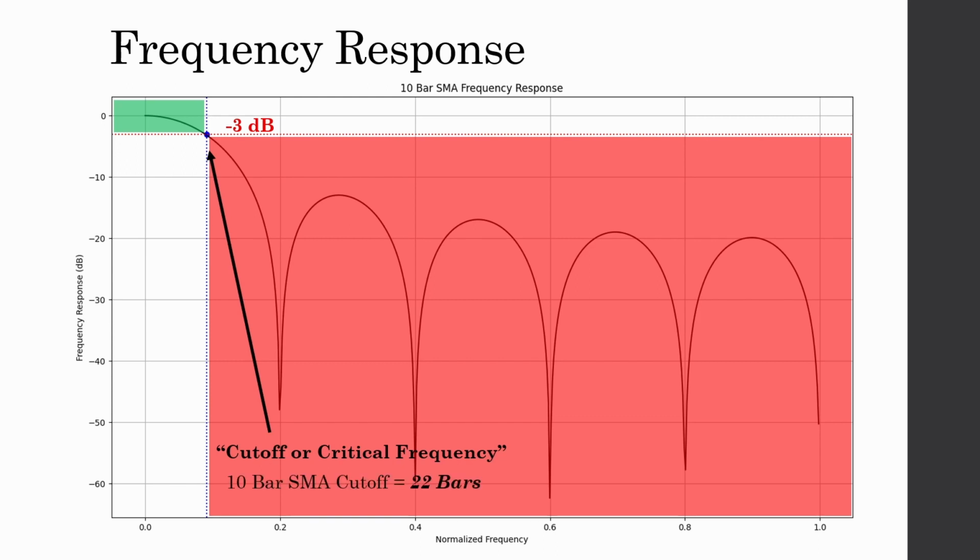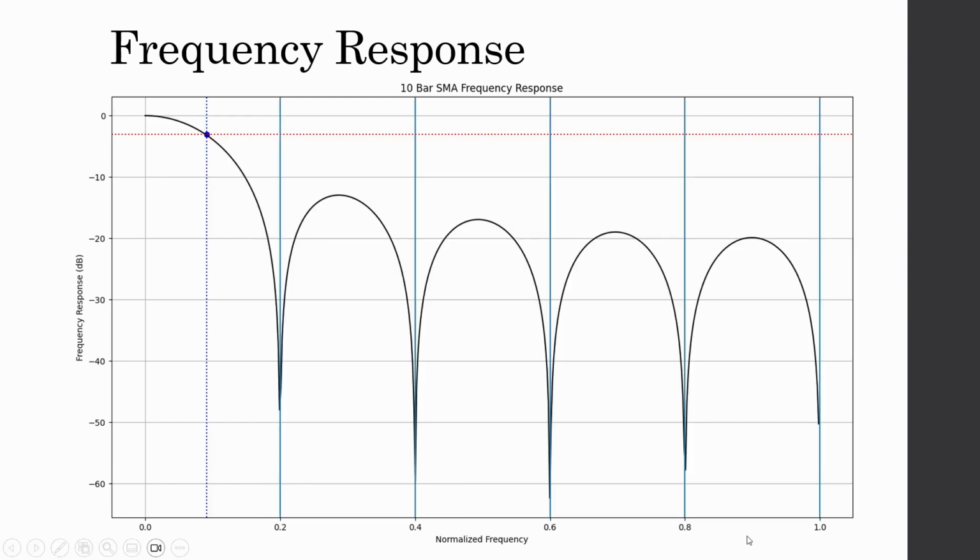And that's the frequency at which anything beyond it is reduced by more than half power. And so for the 10 bar SMA, that cutoff happens to be 22 bars. That means when you apply a 10 period SMA, anything less than 22 bars in terms of cycle is going to be largely eliminated. Another important thing here is you might notice this odd shape to the graph. And these right here are called poles.